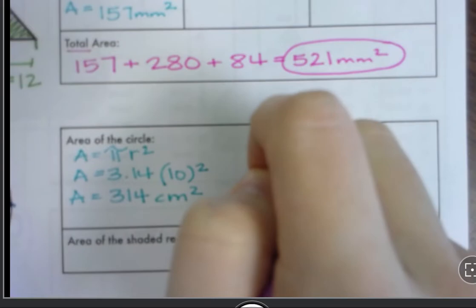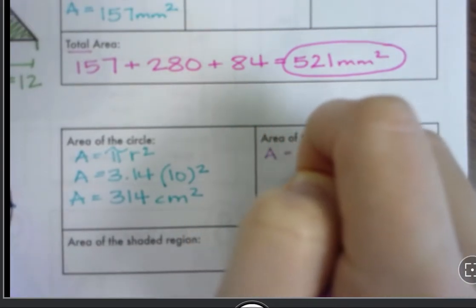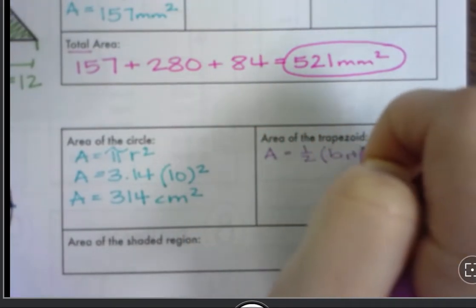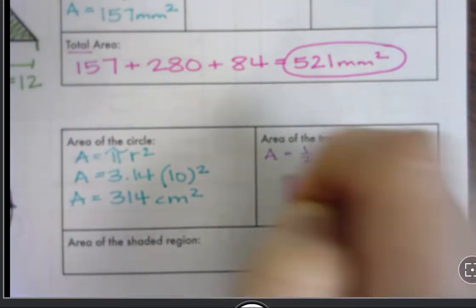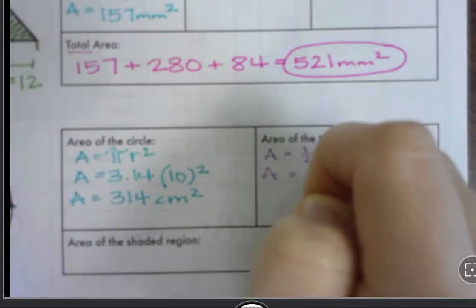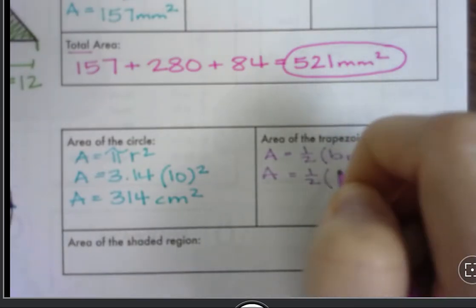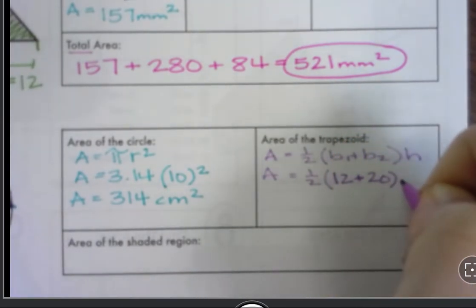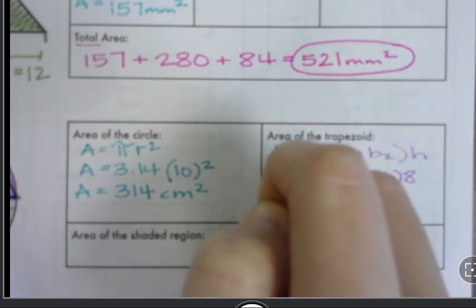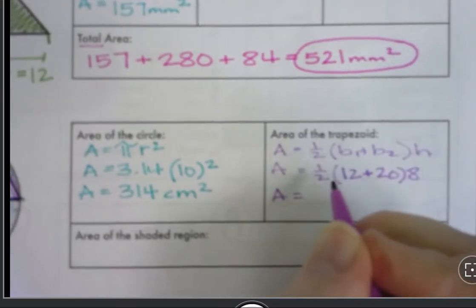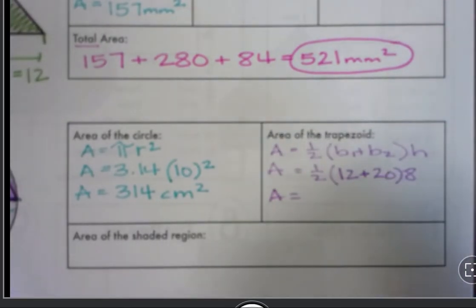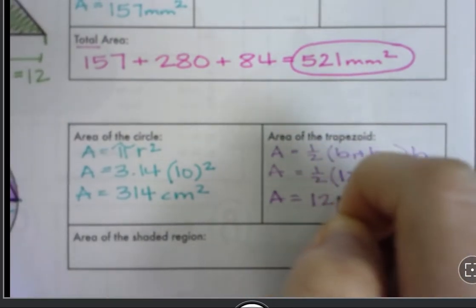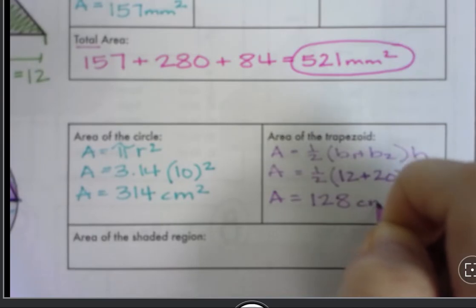So area of a trapezoid, A equals 1/2 times B1 plus B2 times H. A equals 1/2 times B1 is 12 plus B2 is 20 times H is 8. Now you're going to go ahead and solve that on your calculator and you will get 128 centimeters squared.